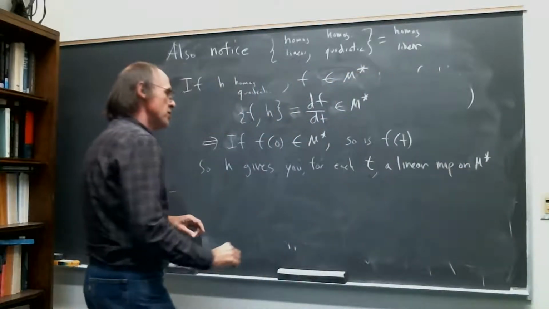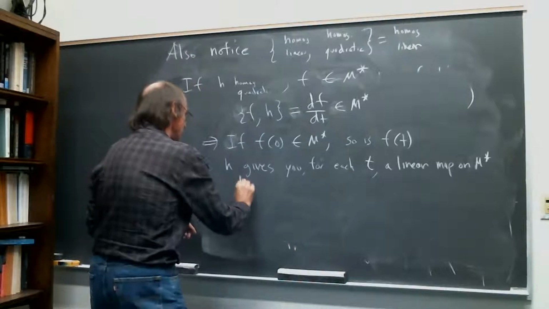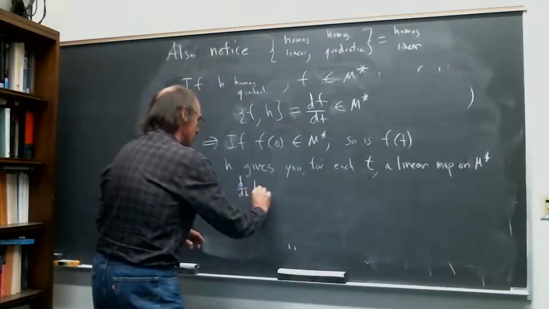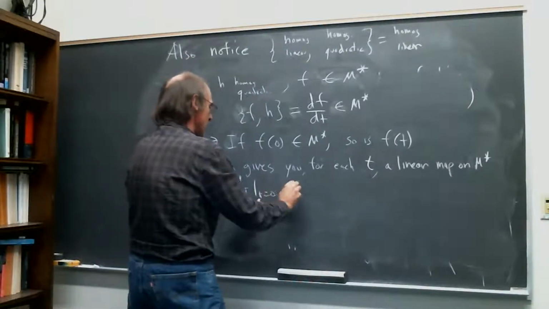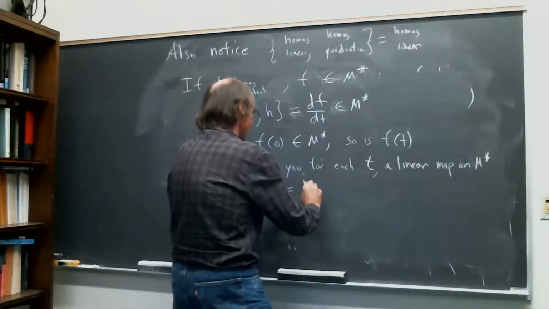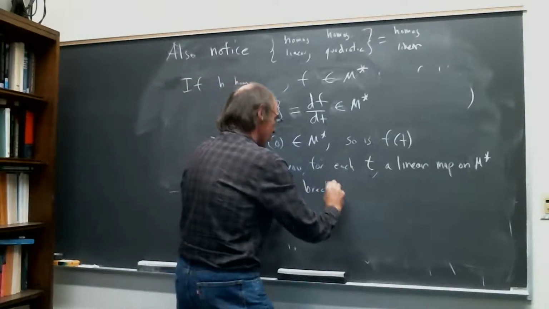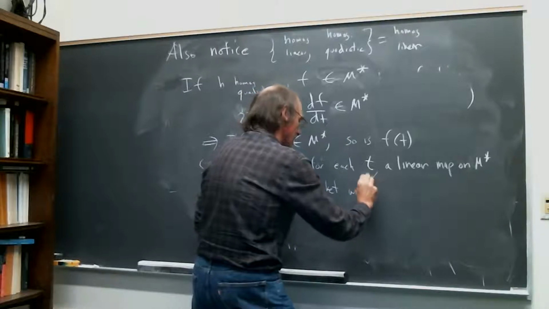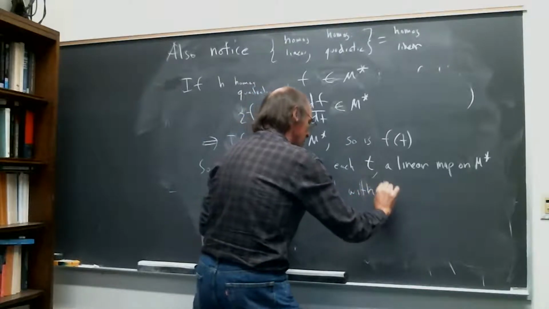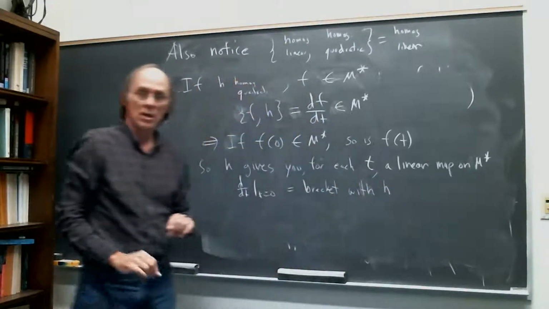And then the derivative, d/dt at t equals 0, is given by the bracket with h. Okay.